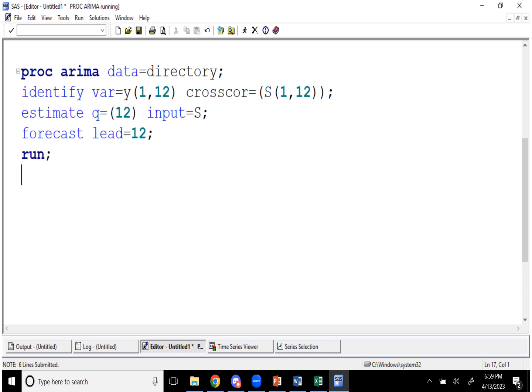And I use input equals S. That's going to build a regression model of Y equal S, where Y and S have been differenced appropriately, and the errors, the epsilons, are fit to that moving average model of order capital Q equals 1. And then I picked 12, so let's forecast a year out. Forecast lead equals 12.